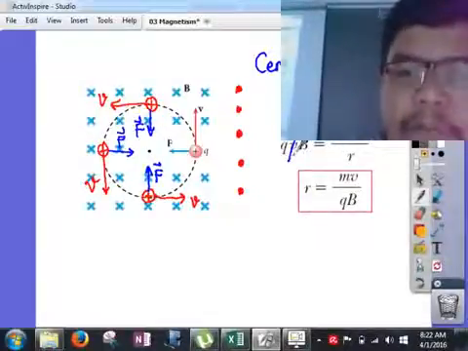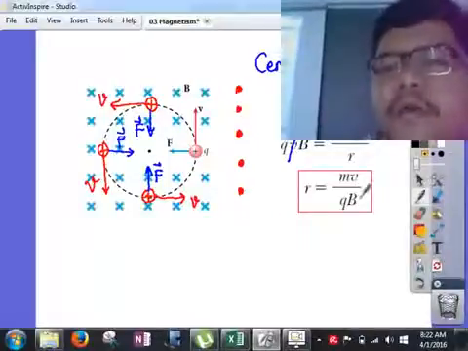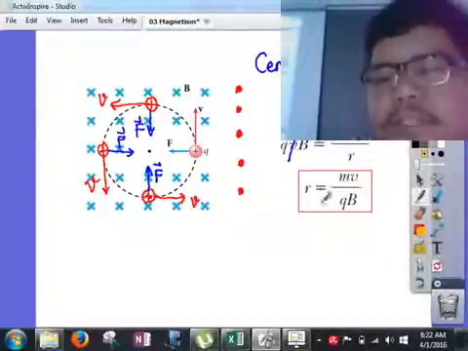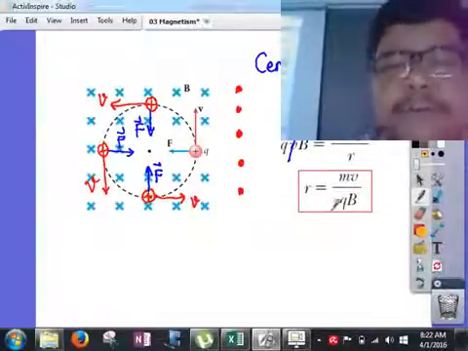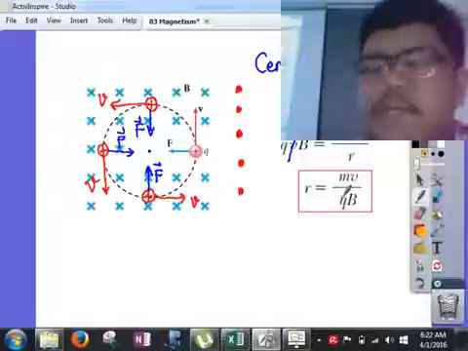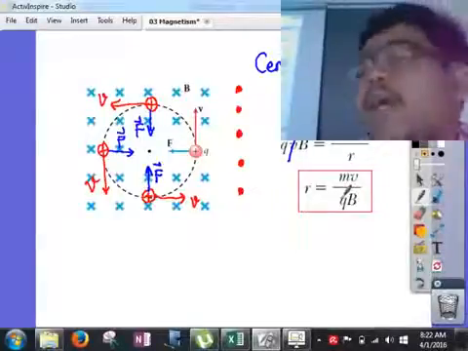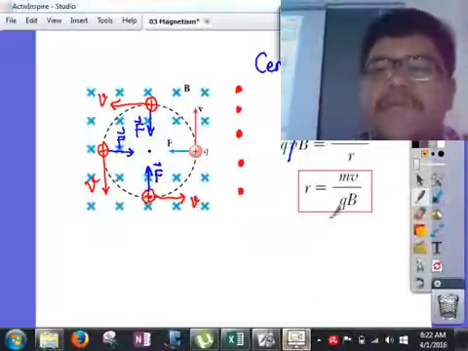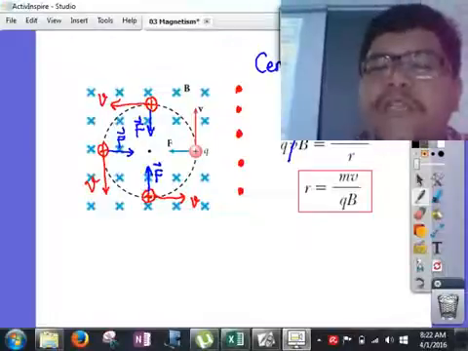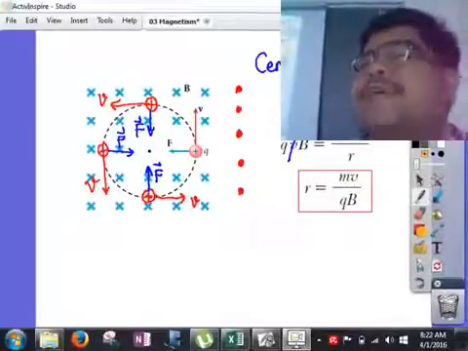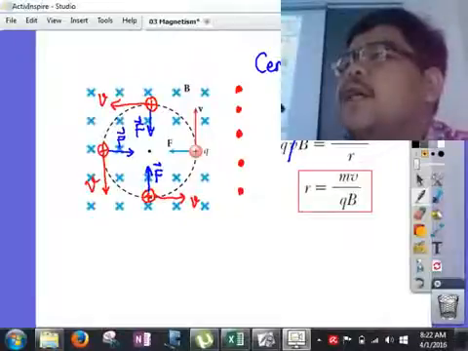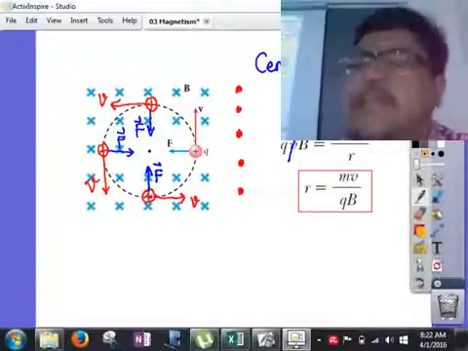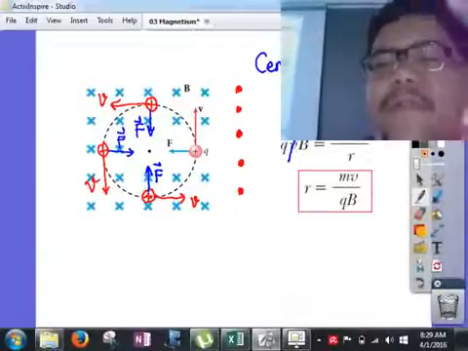Now we can cancel V and V, and then put R on the left and QB on the right. So we have that the radius of circular motion of this charge is mv over QB. This is very, very important to know if you want to find what kind of charge it is and how big the mass is.